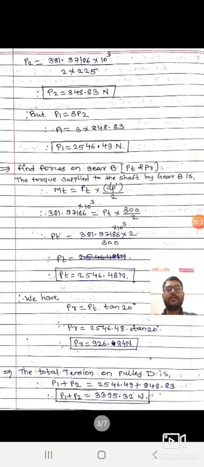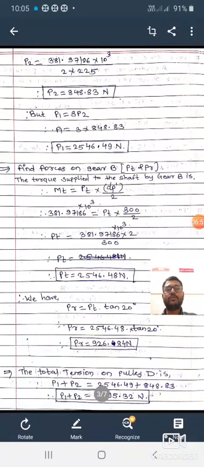So we know that the torque supplied to the shaft by gear B is Mt equal to PT, that is tangential force, into dP dash by 2, that is the pitch circle diameter of the gear. Putting the value of Mt, 381.97186 into 10 raised to 3 is equal to PT into 300 by 2.